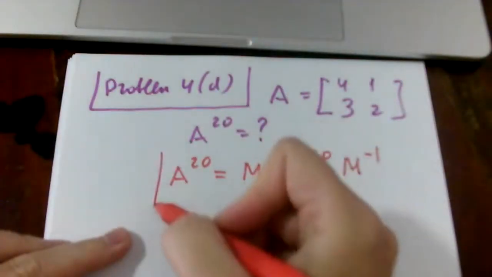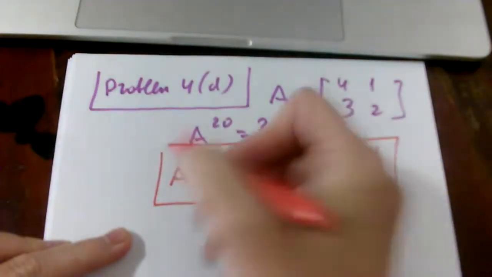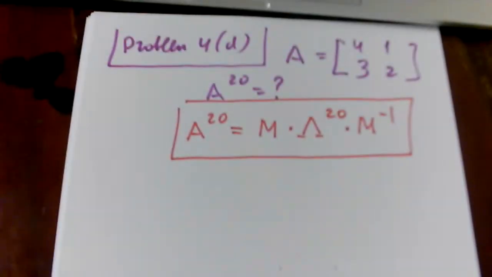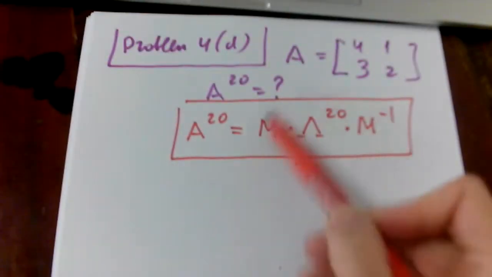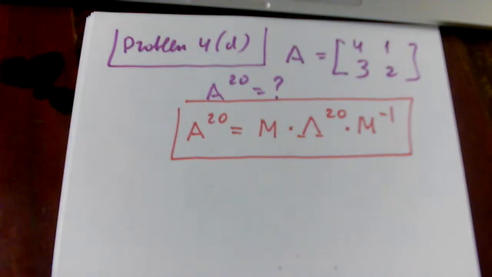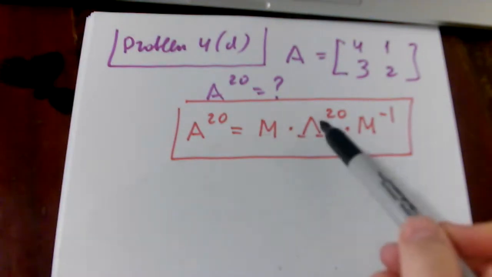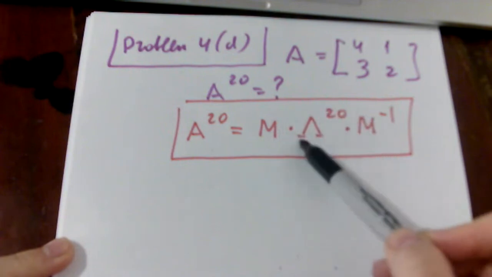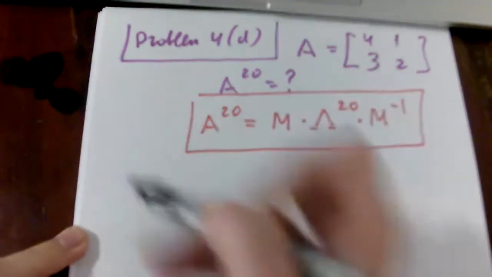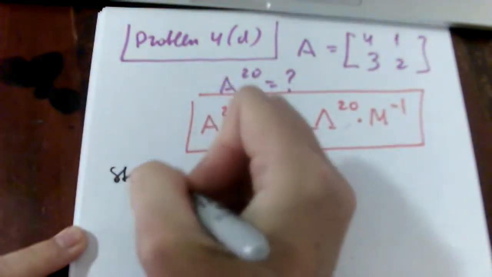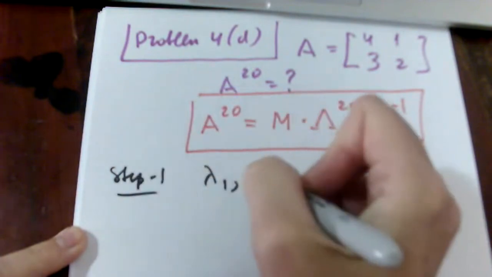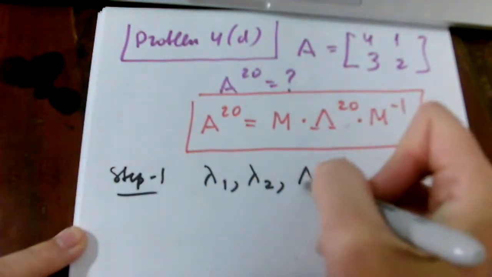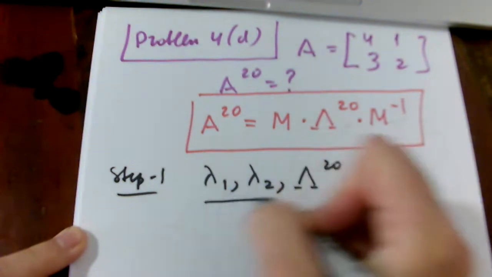So this will be our guiding star. We need to prepare everything to be able to apply this formula. The first thing we can do is find eigenvalues, and after that we can immediately write this middle matrix. Okay, step 1 will be calculating lambda 1, lambda 2, and consequently lambda to the power of 20. Let's do it.